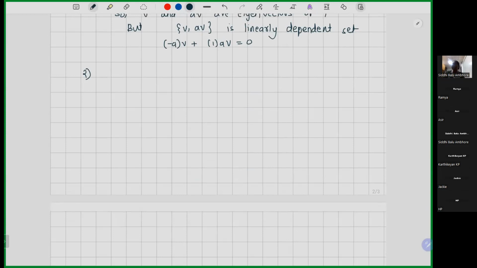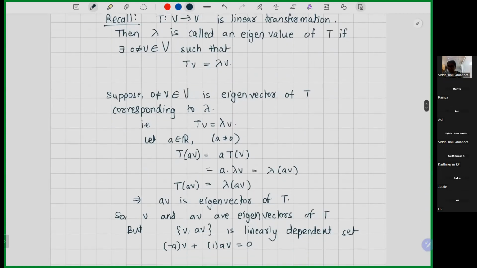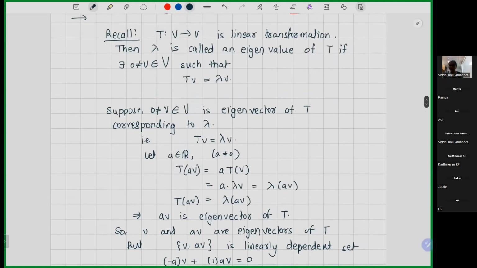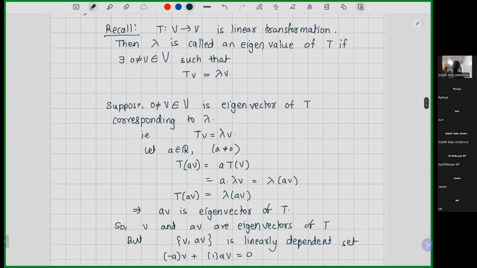Can you explain that? So what is the definition of eigenvector? For any lambda, if Tv equals lambda v, then v is an eigenvector for lambda.